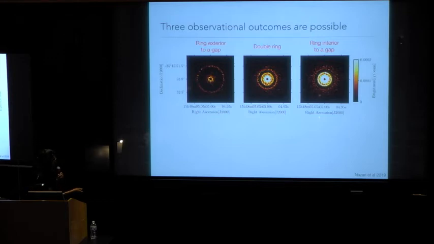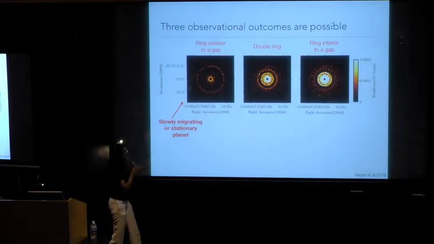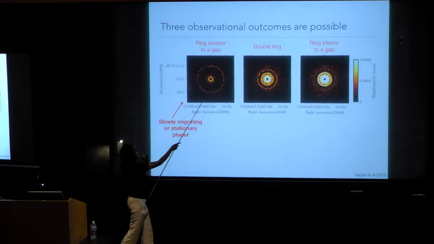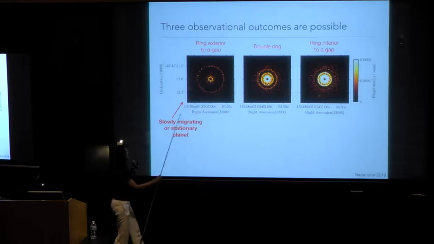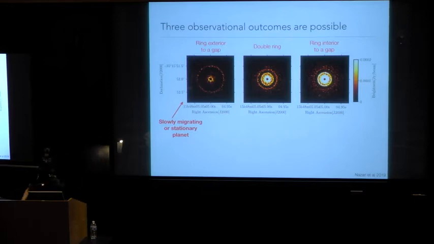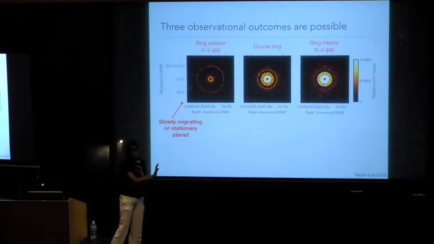So the first of 3 observational possibilities is what we see on the left-hand side. We have a gap with a ring exterior to it. These are ALMA mock observations. Now that's nothing different to what we've expected before. This is where we would say that we have a slowly migrating planet or perhaps a stationary planet.